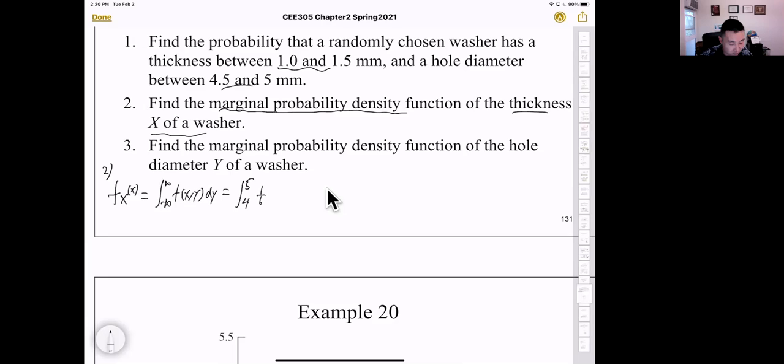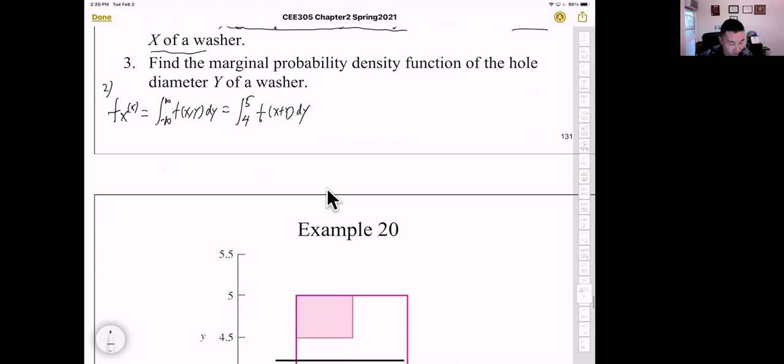So the density function is this, for all the possible y.